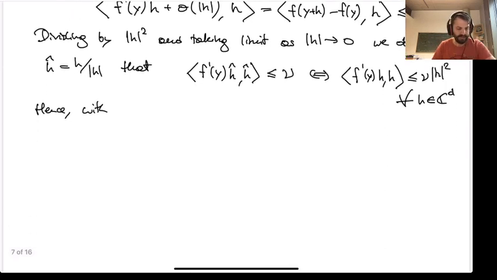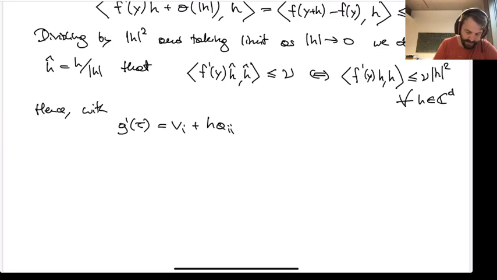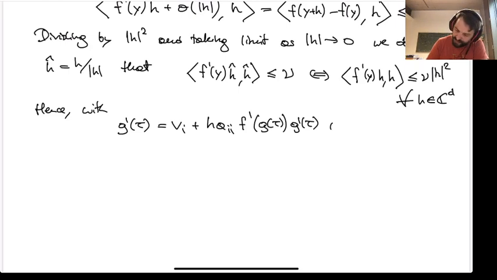So hence, with g prime of tau being v_i plus, by the chain rule, h a_ii f prime of g of tau times g prime of tau, plus h a_i f of y_0.